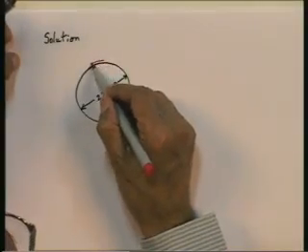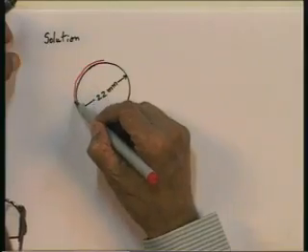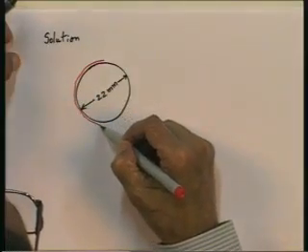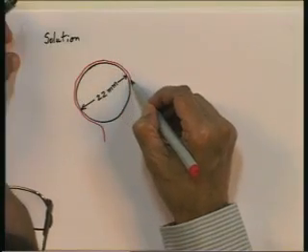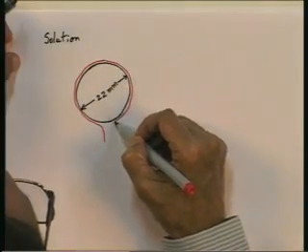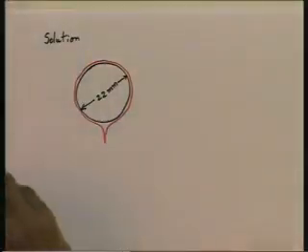I will show the film condensation taking place on the outside of this tube like this and falling off at the bottom. This is the liquid film being formed on the outside of this tube and falling off at the bottom. All right.